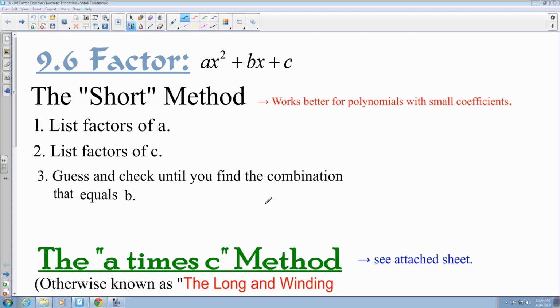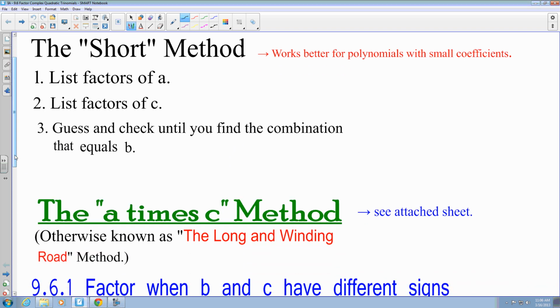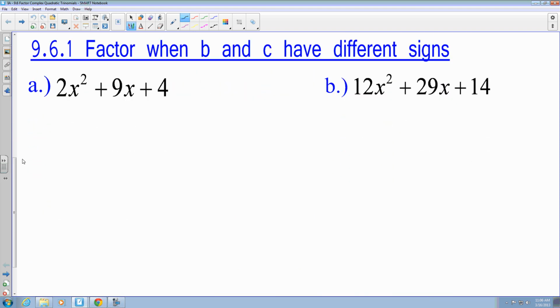A lot of it is guess and check, but there are some things we can do to lessen the odds, so to speak. The method is called the long and winding road, but I'll show you what to do.